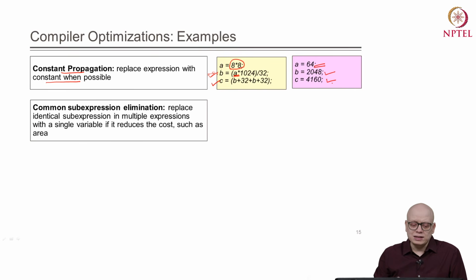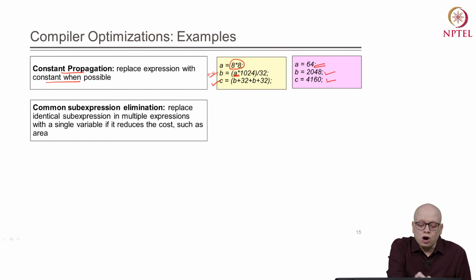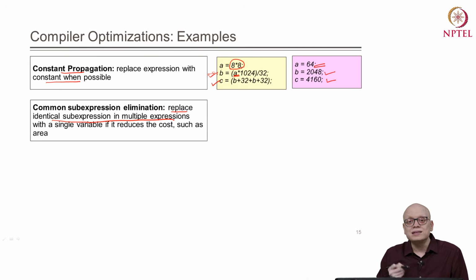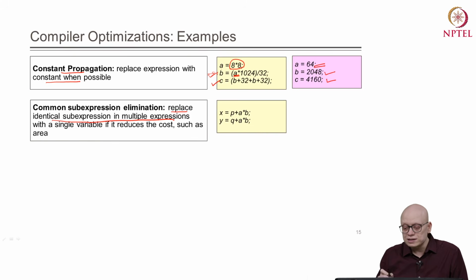Another optimization that is targeted for arithmetic operators during RTL synthesis is common sub-expression elimination. It replaces identical sub-expressions in multiple expressions with a single variable if it reduces the cost, such as area. For example, suppose x was p plus a multiplied by b and y was q plus a multiplied by b.